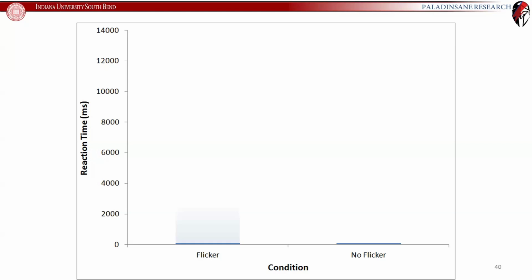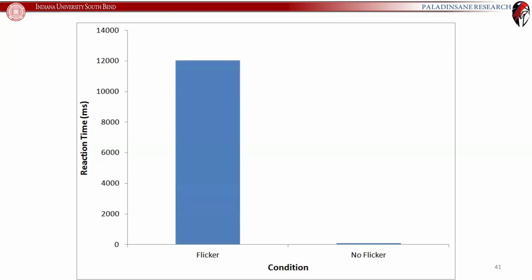And what we find is that the flicker condition, on average, took 12 seconds before you noticed the change. In the no flicker condition, it actually only took 8 seconds.